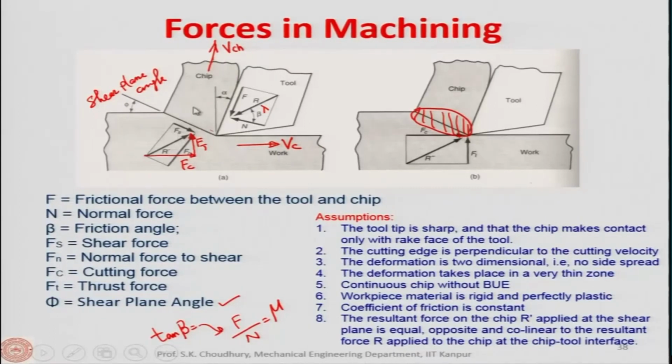Now, I will remind you what we said. The excess workpiece is removed in terms of chip, and when the chip is moving over the rake face of the tool at a constant velocity, let us say VCH, then the workpiece material has to be rigid, perfectly plastic and homogeneous, so that the chip could move at a constant velocity when the resultant forces acting on the chip from the tool side through the rake face and from the workpiece side through the shear plane are equal, opposite and collinear.